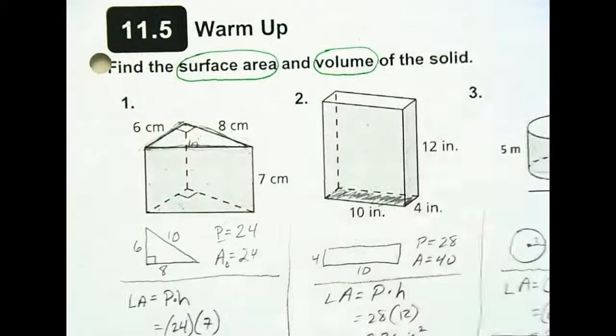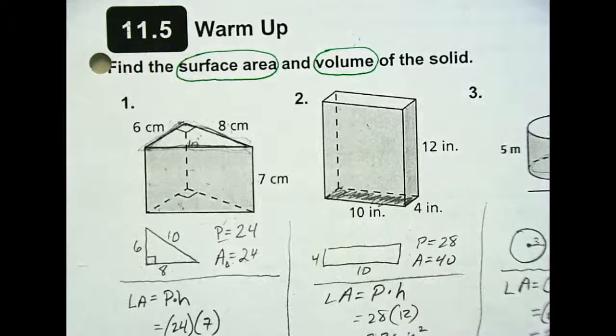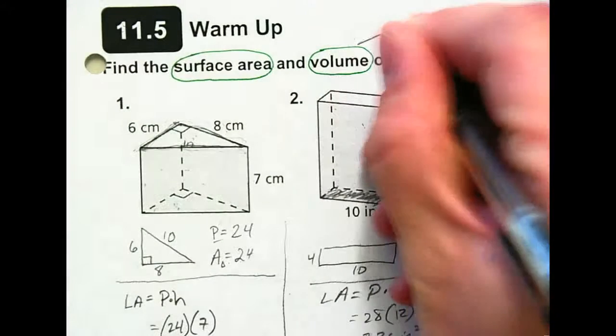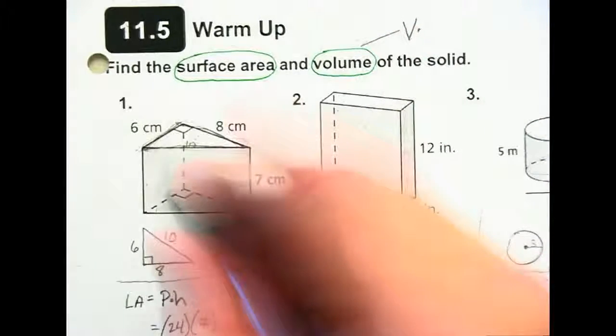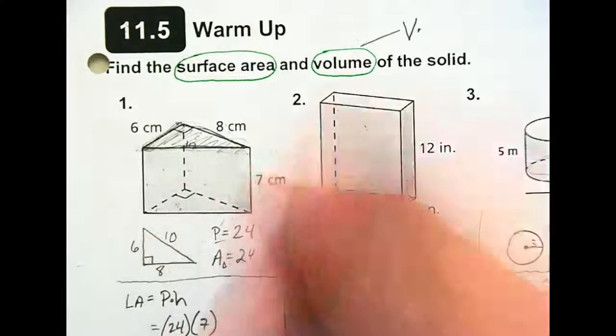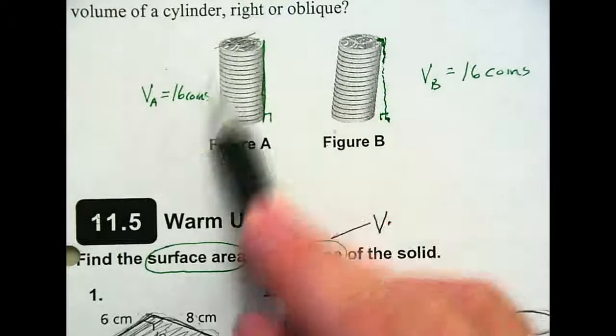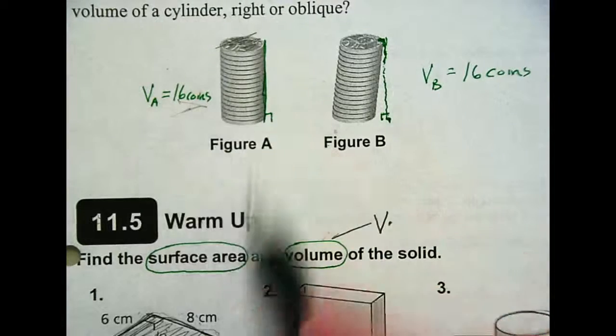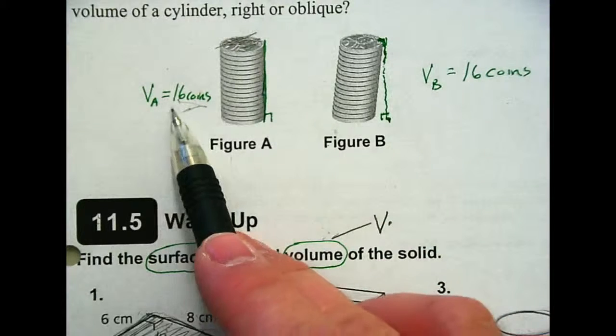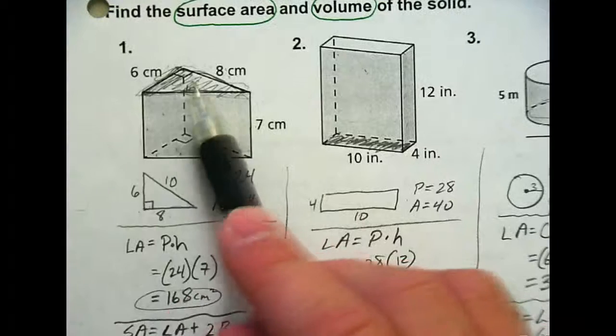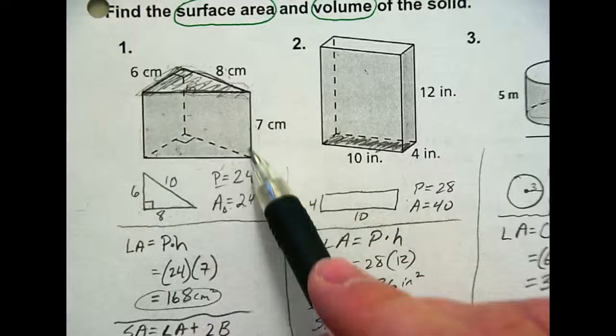Volume of a prism or volume of a cylinder, they all have the same formula. Volume is equal to the area of your base, kind of like the coin problem we had up above. It's the area of the coin times the height of the coins. There's 16 of them. That's our volume. It's the same thing here. It's the area of your base times your height.